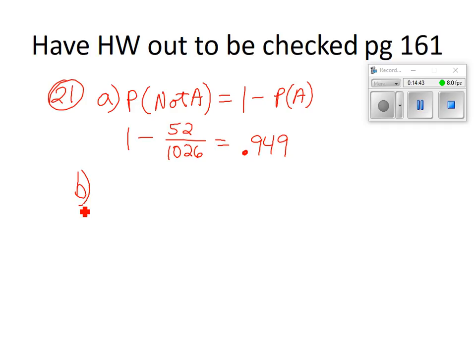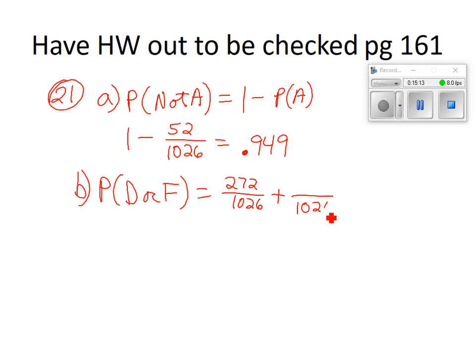A. Randomly selecting a person from the sample who gave public schools a D or an F. So we want probability that they gave a D or an F. How are we going to find the probability that they gave a D? Or what is the probability they gave a D? Plus, what's the probability they gave an F? 398, 126.